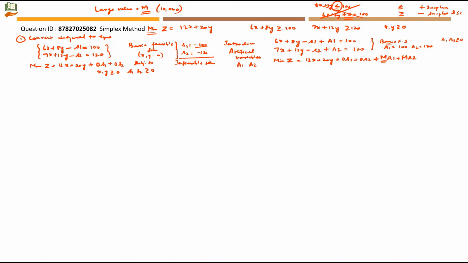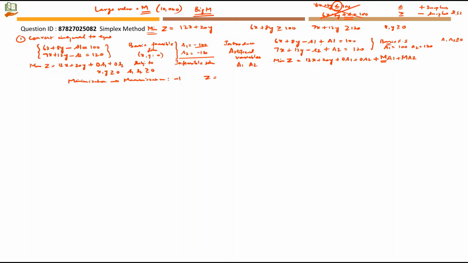So since we use capital M here, we call this method the big M method. This is a minimization problem. The objective function should be in the form of a maximization problem. So in order to convert minimization to maximization, we have to multiply the objective function by minus 1.